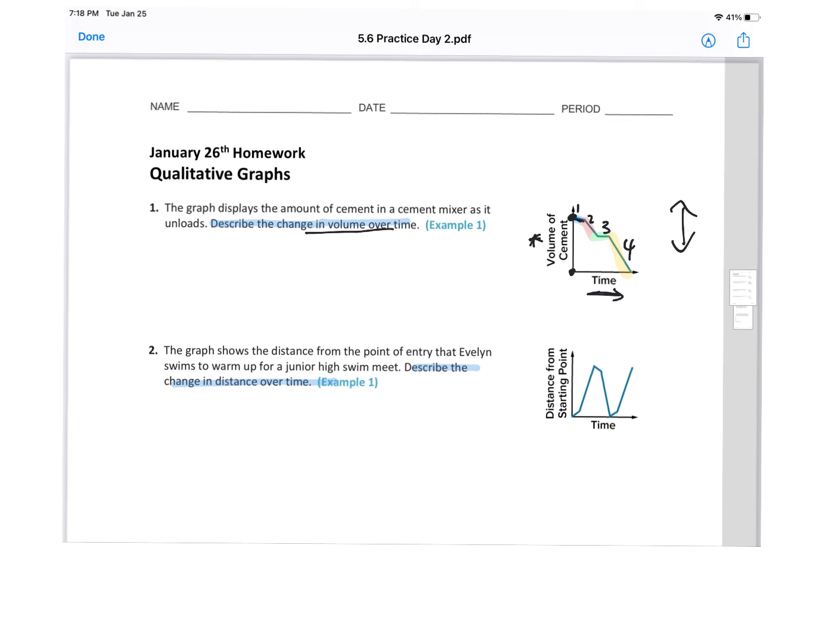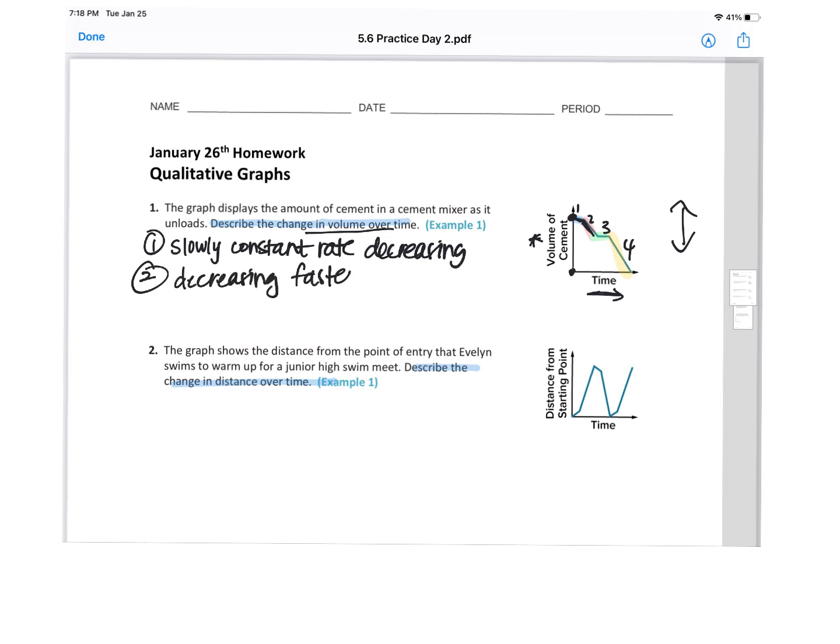The volume's going down. So for part 1, it's slowly, at a constant rate, decreasing. Okay, so that volume is going down. Then in this second part, it looks like it's going down a little faster. It's steeper. So it's decreasing a little faster, still at a constant rate because it's a straight line.